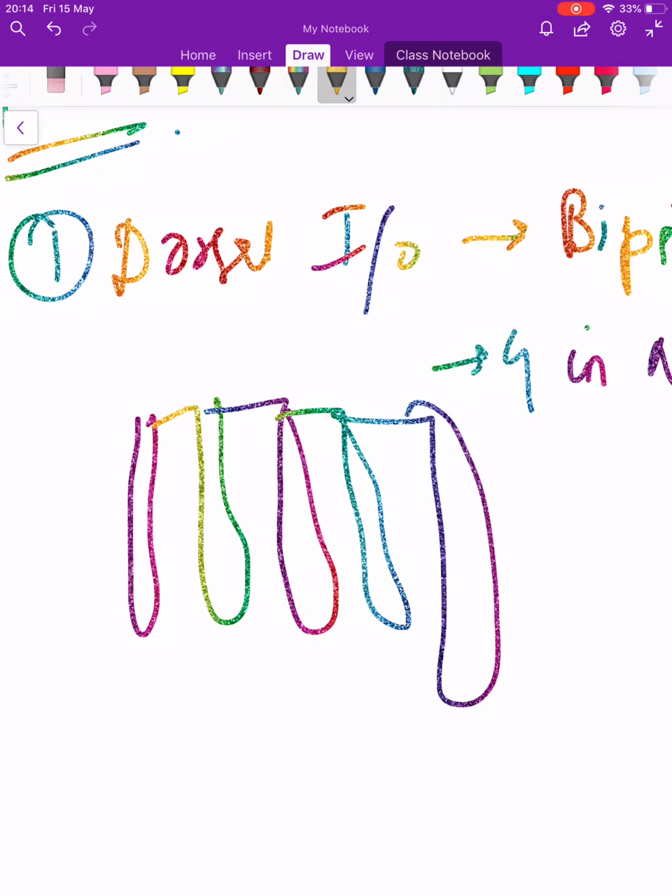So the dorsal interossei will be bipinnate, attached like this, one, then 2, then 3, then 4. This is how the dorsal interossei are.